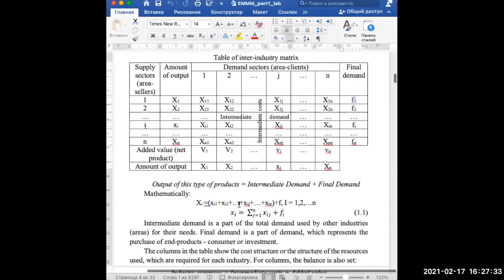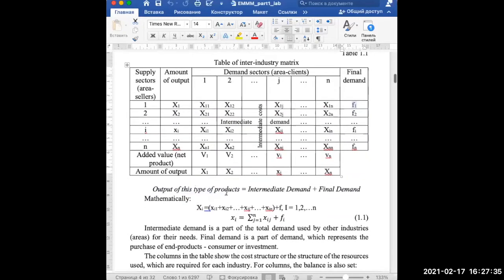Mathematically we can write such formulas, or in short use formula 1.1, where xi corresponds with the numbers of our branches which are suppliers, and it is equal to the general sum of their production.